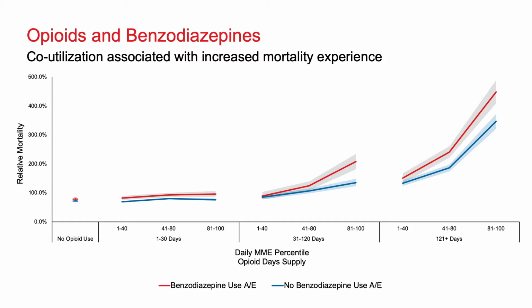However, this elevated mortality was not level across the opioid features discussed before. As opioid strength and duration increased, the elevated mortality associated with the presence of benzodiazepines increased further.